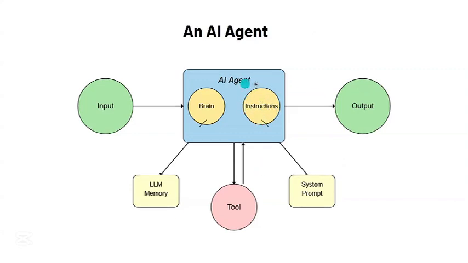So an AI agent consists of both of these components, brain and instructions. So you have to give an input to an agent, and using the brain and the instructions, which are called system prompts, we can define system prompts, and then we can get an output.